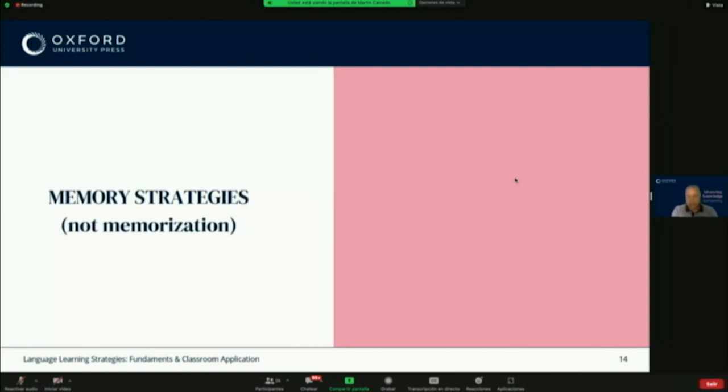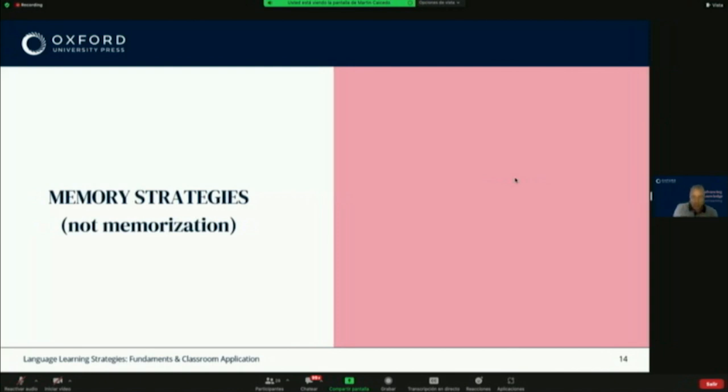Memorization and the application of memory strategies are different. Memorization can be considered a lower order thinking skill or learning skill. Let's think about Bloom's taxonomy, for example, which we will talk about a little more tomorrow. It's not of much help for our learners. We need them to go beyond that.